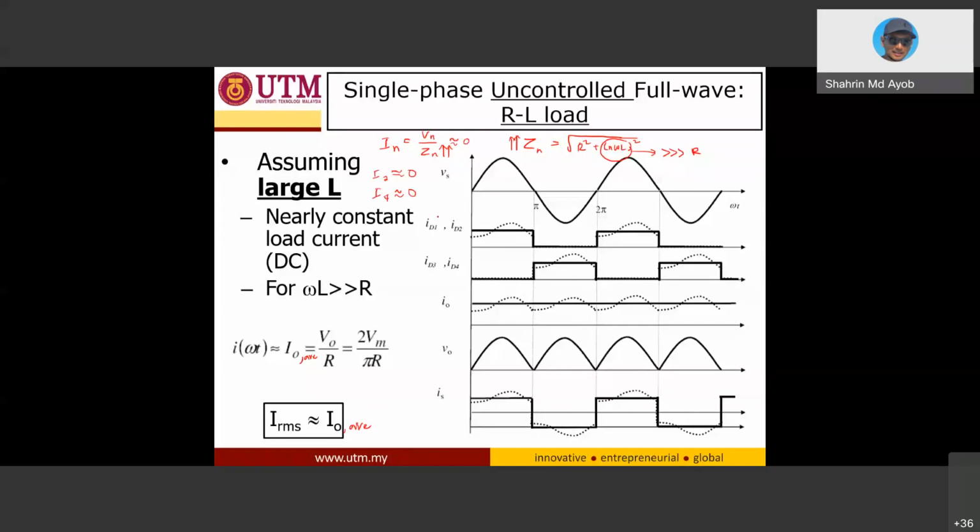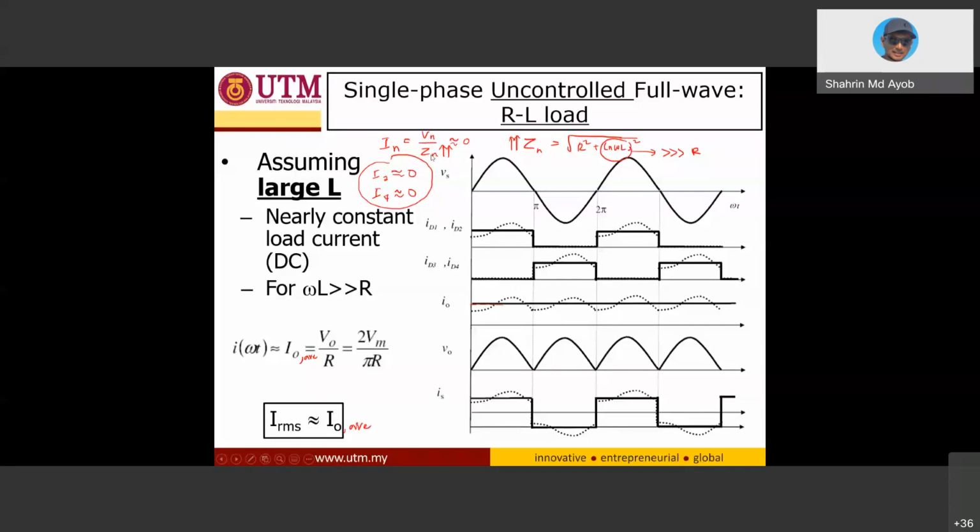That's why the current has only the DC component, and the harmonic currents are almost zero.